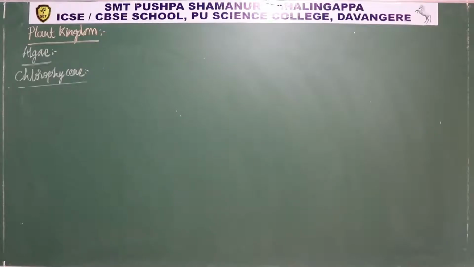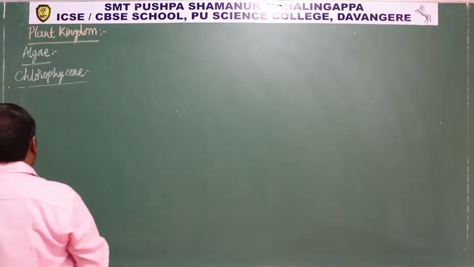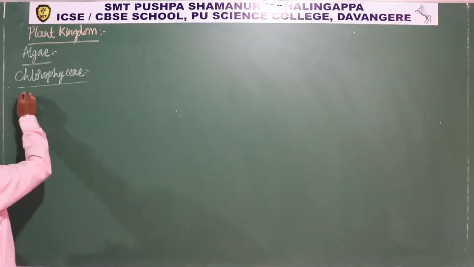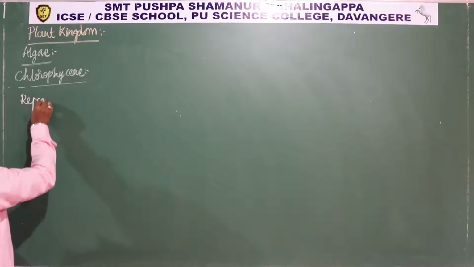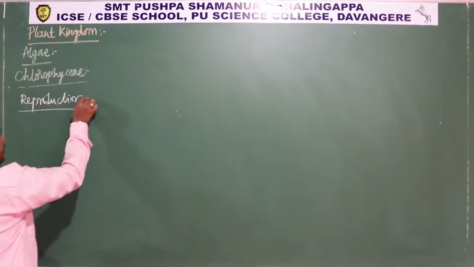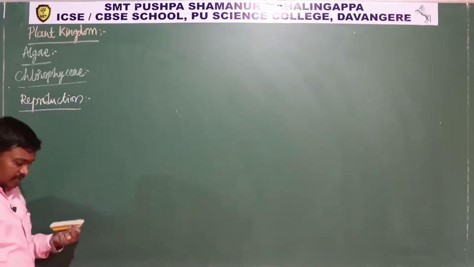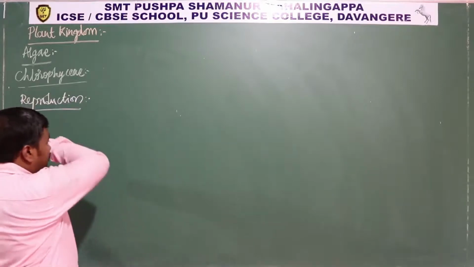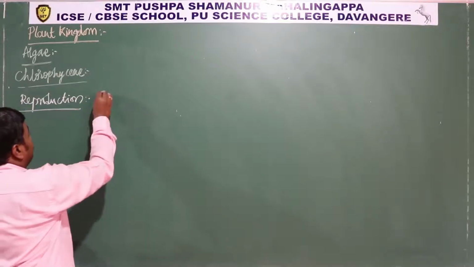Let's take some examples of these chlorophyll members with respect to reproduction. Again, I am repeating it. We already discussed it in general, but in chlorophyll members specifically, let's discuss, especially sexual reproduction.